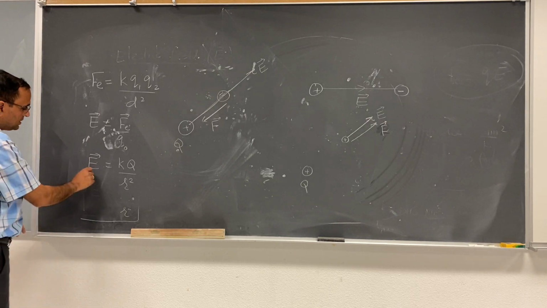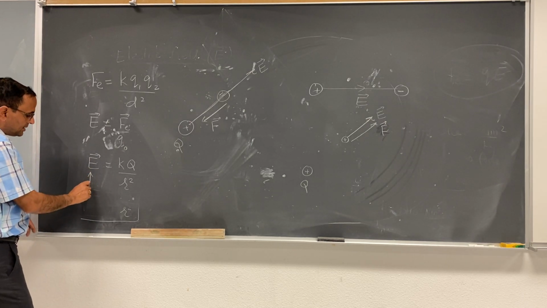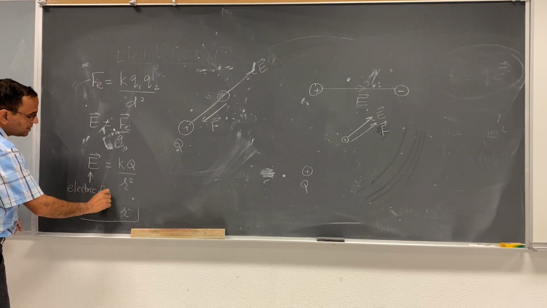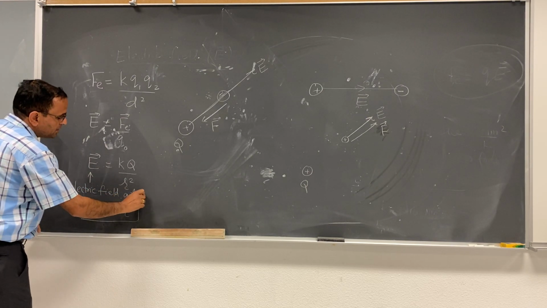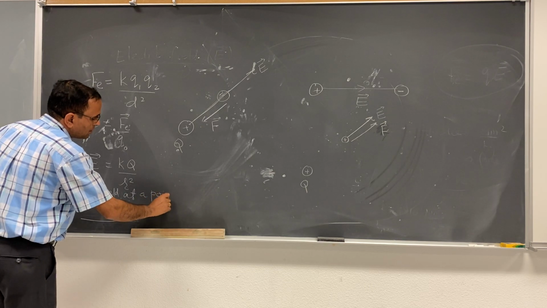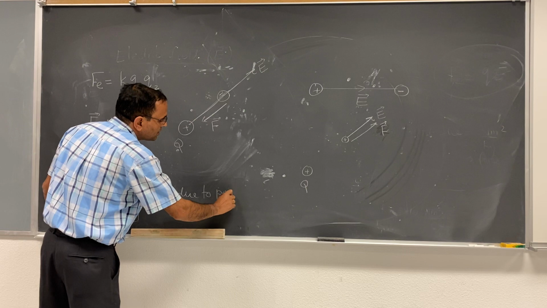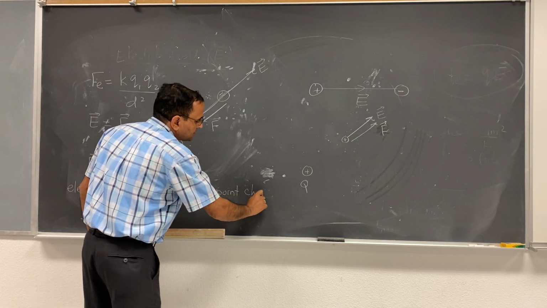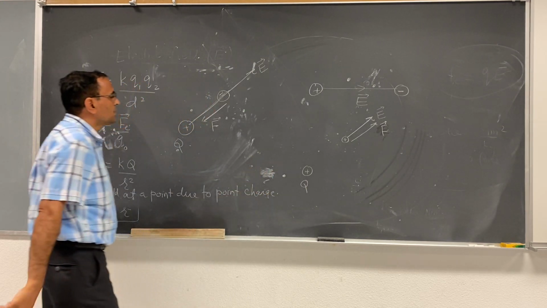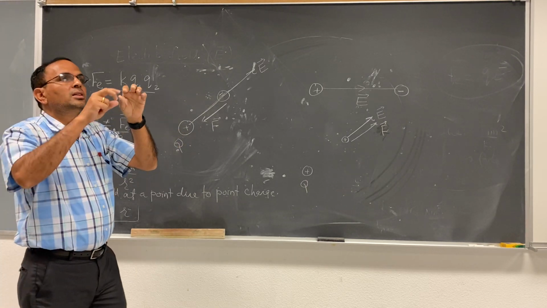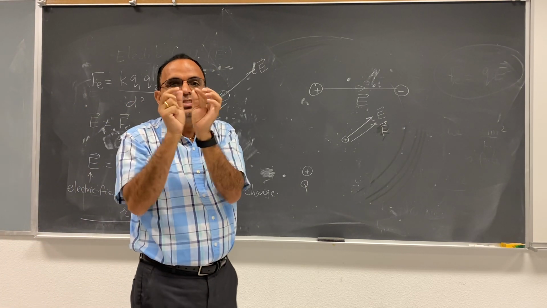This E is the electric field at a point due to what we call a point charge. So this charge, the source charge, is a point charge. The shape is like a point, a little sphere.